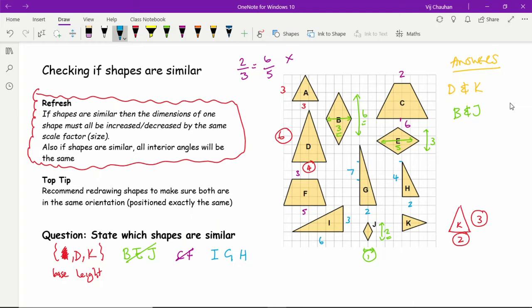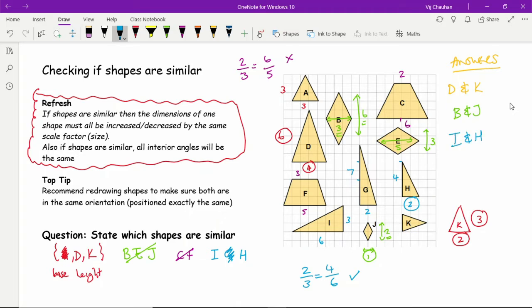So looking at I, G and H, I can see that if I multiply the smaller side by 2, I'm getting 2 and 3, so I've got 2 over 3. And is that the same as that equivalent fraction of 4 over 6? Well, yes it is. So that means that I and H are similar and G is not part of the issue. So I and H.